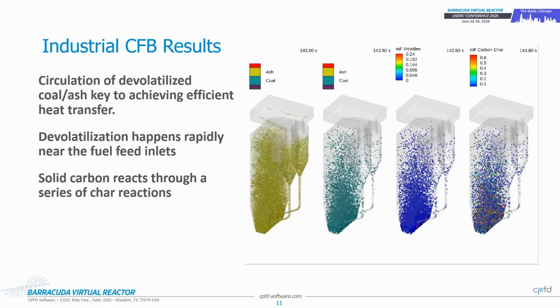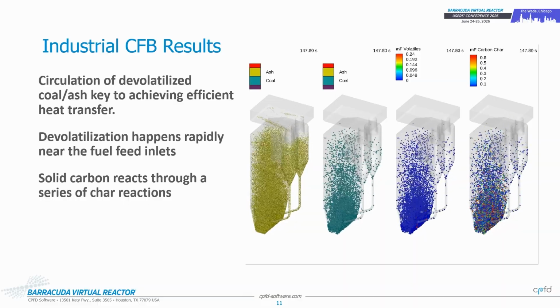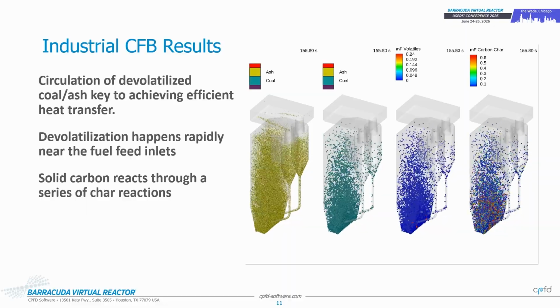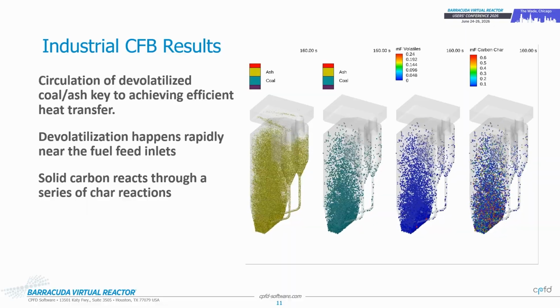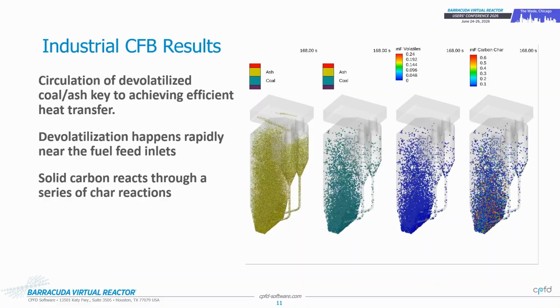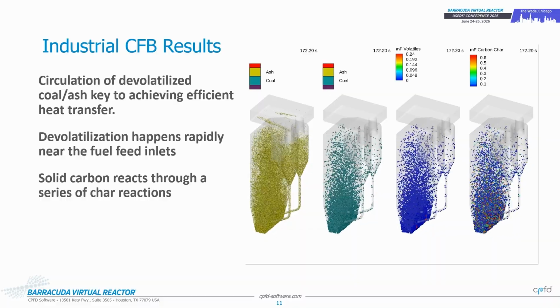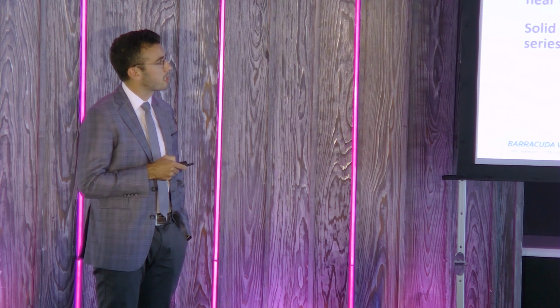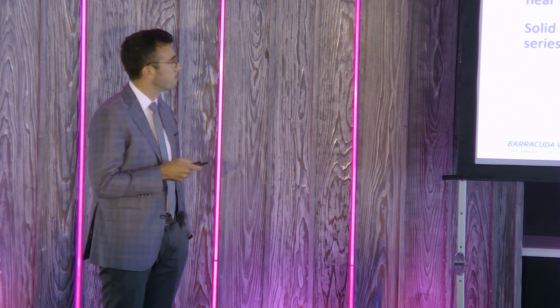Also, the solid carbon reacts through those char reactions, and we see that the presence of those red particles that have a higher mass fraction also begin to decrease, and we're left with blue particles that are much lighter, and they're more easily able to transport up to the top of this bed and back through those cyclones.